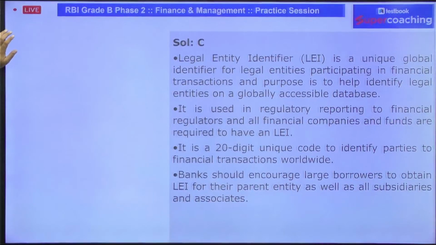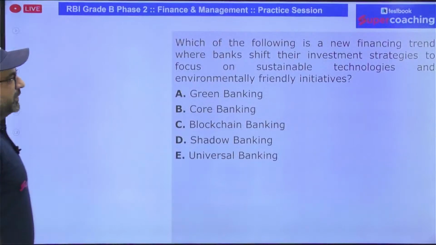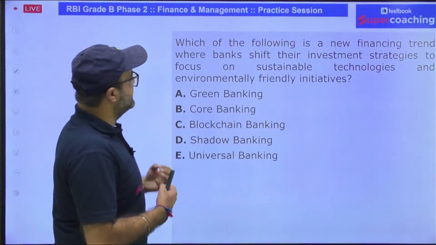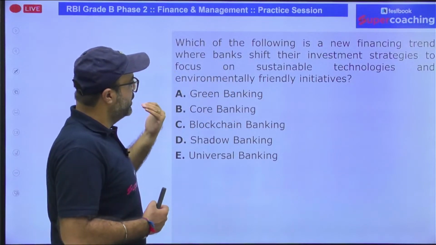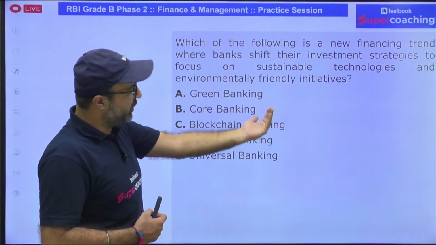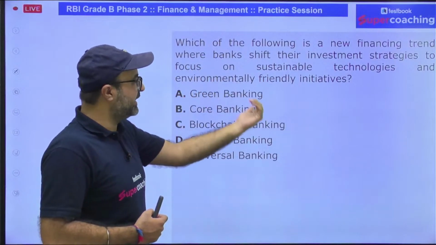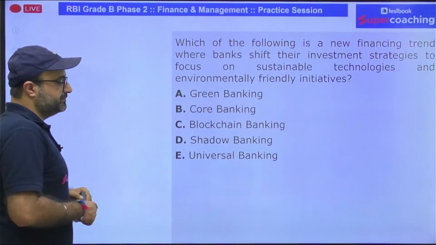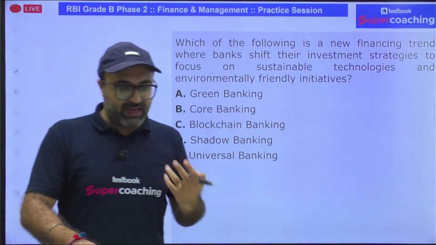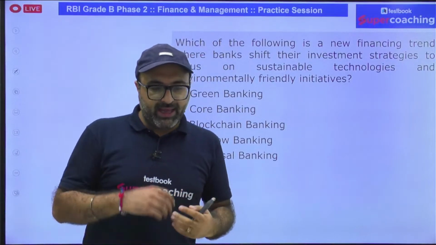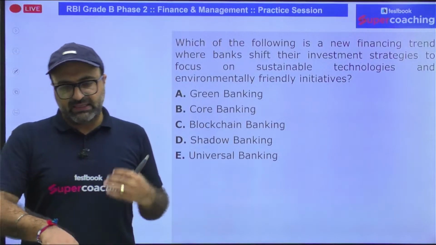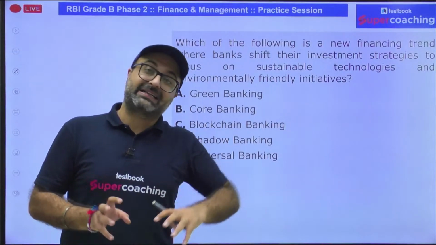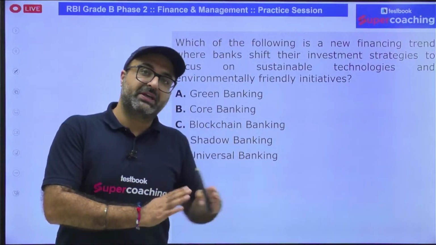The next question states, which of the following is a new financing trend where banks shift their investment strategies to focus on sustainable technologies and environmentally friendly initiatives? So when a bank tries to focus upon environmentally friendly initiatives, that type of banking operation is known as what?